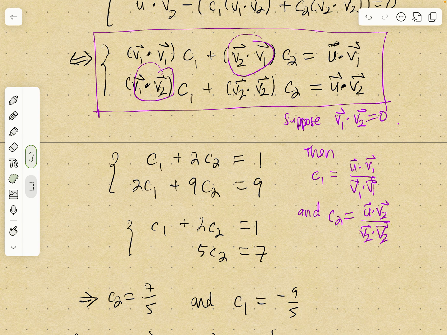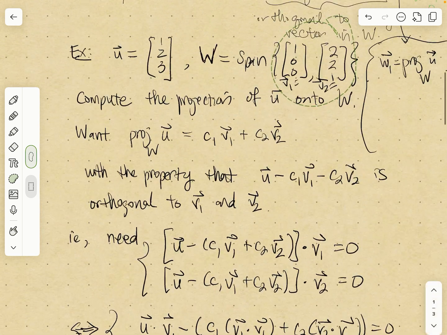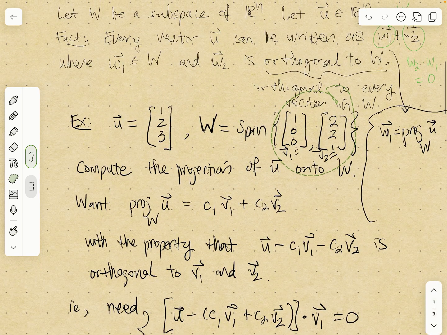So that leads to something called the Gram-Schmidt procedure, which is when you have a basis for a subspace. So in this case, the set v1, v2 is the basis for w. How can you replace that with an orthogonal basis? So one where all the vectors are orthogonal to each other.